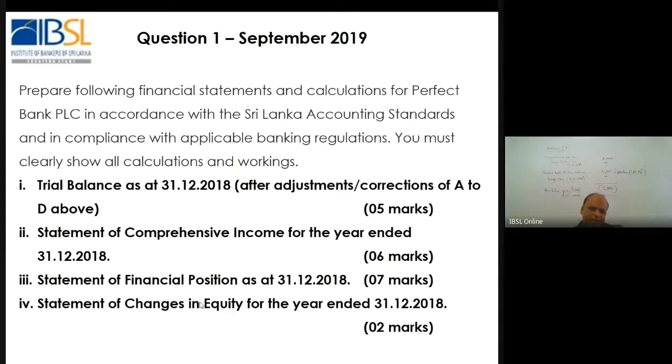So more or less, these three financial statements will be in the format that I have given you earlier. For a bank, you can take the commercial bank financial statement that I have shared with you. In that template, you have to prepare the financial statement. Okay.